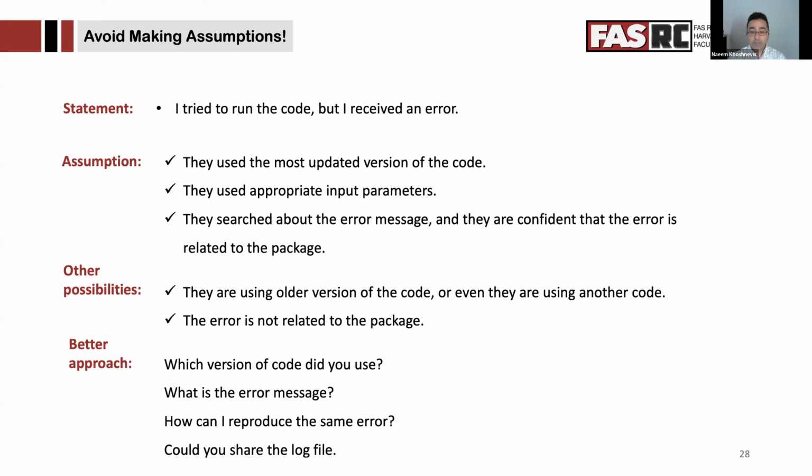It happens all the time because there are many versions of the code in a research lab if they are sharing the research space. And also the error may not be related to the package. So you can ask which version of the code did you use, or what's the error message, and so on.